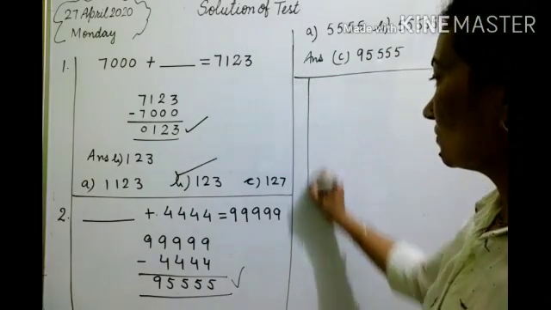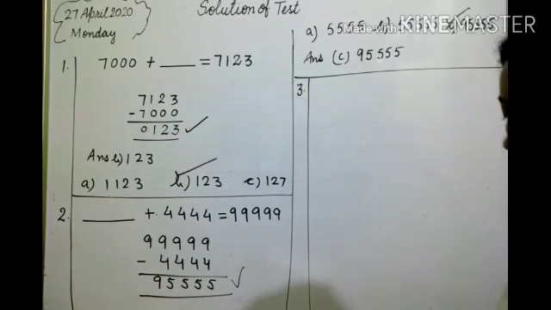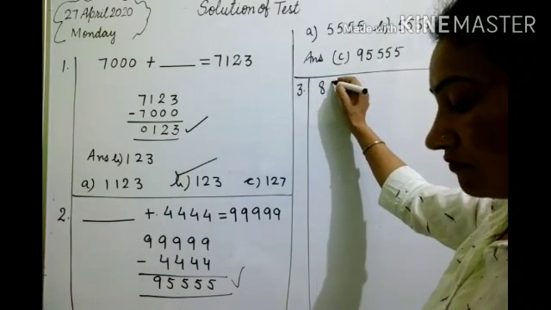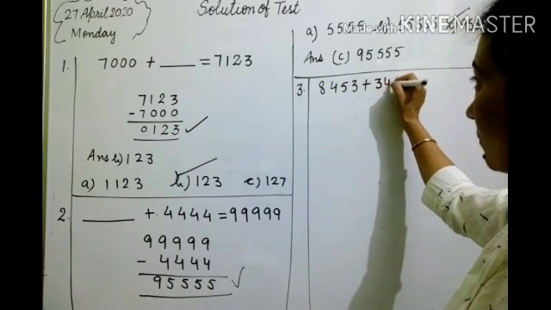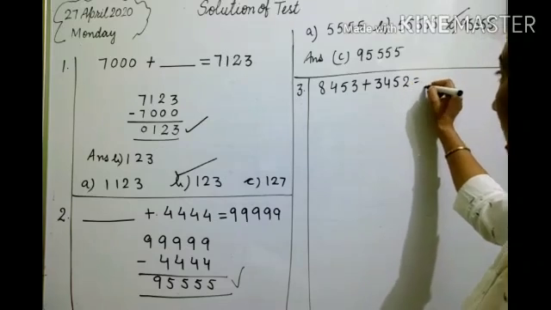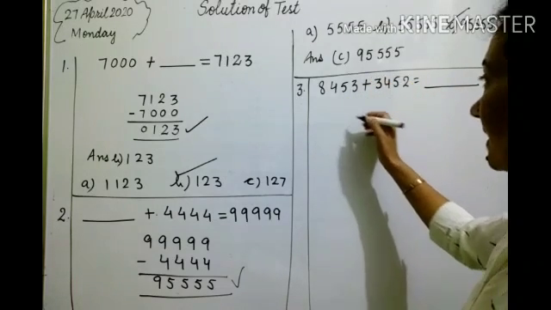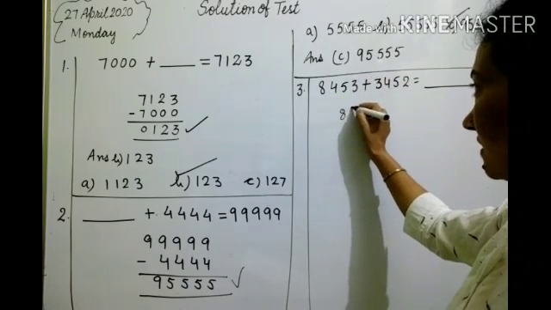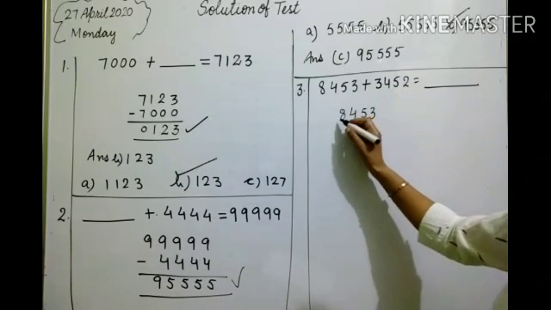Now question number 3. Two numbers are given to add: 8,453 plus 3,452. When the addition is not simple, then you will arrange the numbers and then find your answer. Then you will match the options to your answer.